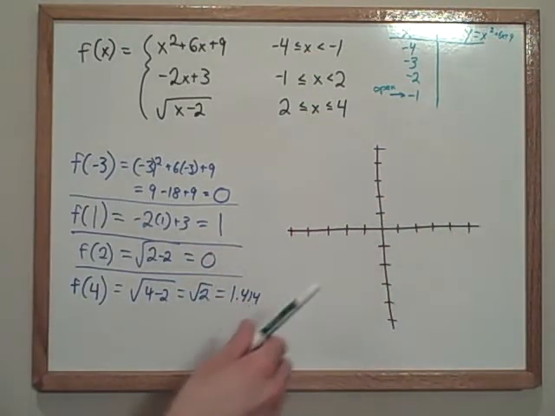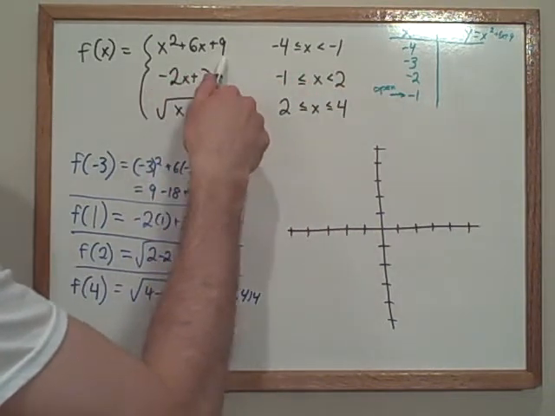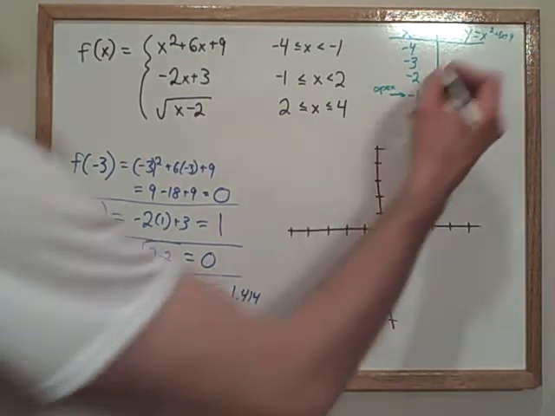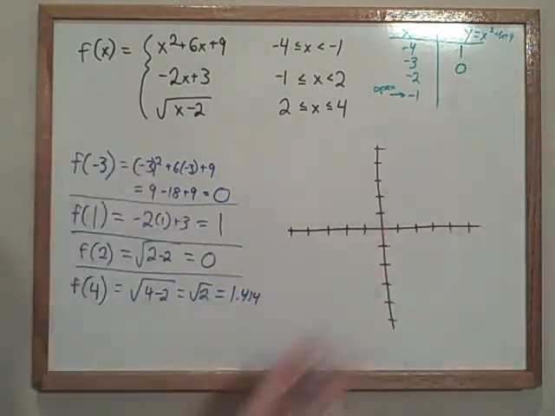If we plug a negative 4 into this function, we're going to get, let's see, 16 minus 24 plus 9. That's going to give us positive 1. Yeah, it is. Okay, we've already figured out this next one. We cheat and do that one.